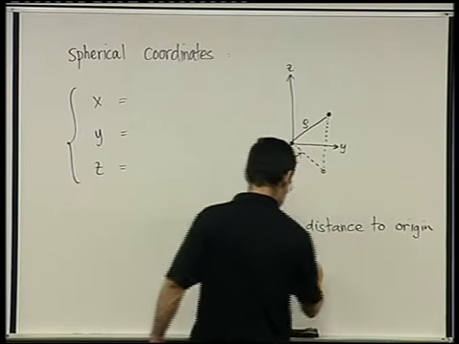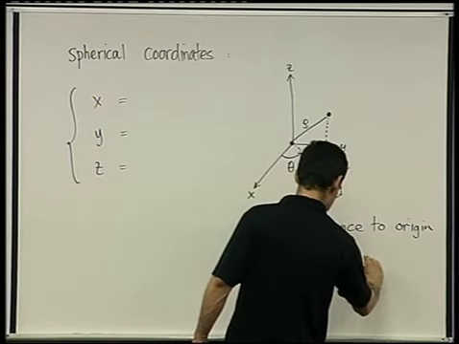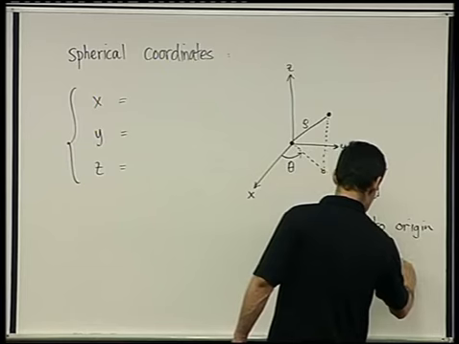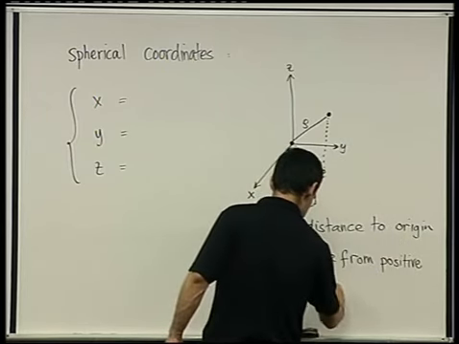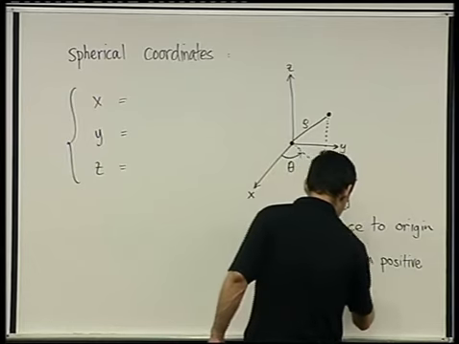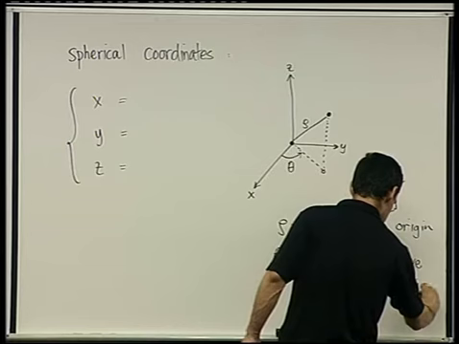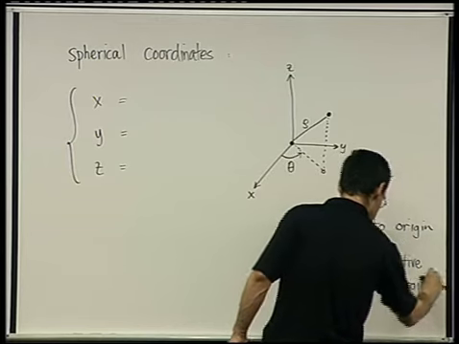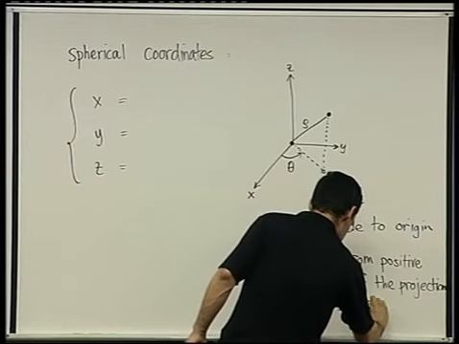So rho, distance to origin, theta, angle from positive x-axis of the projection on the xy plane.